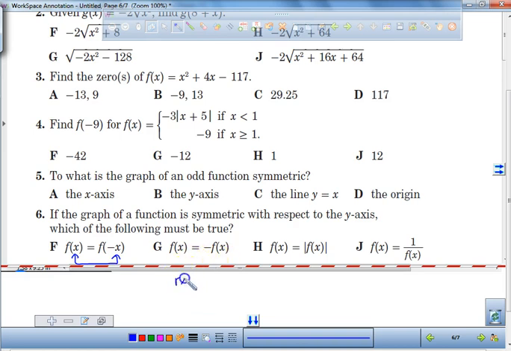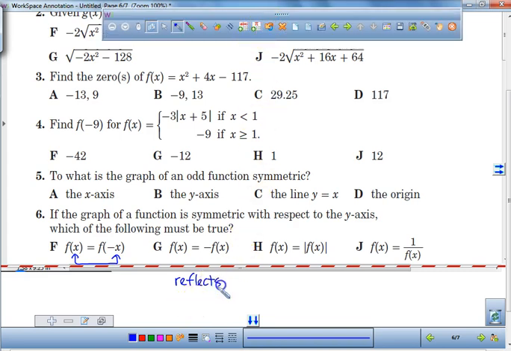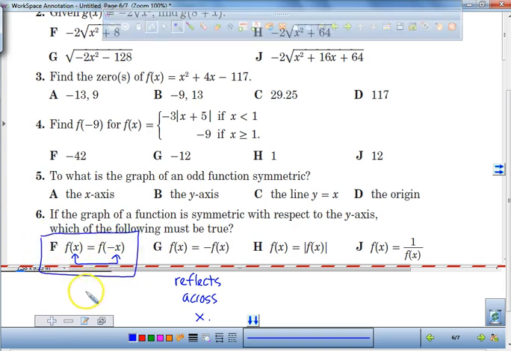That actually reflects not across the y, that reflects across the x. So for G, what I would probably do if I were you, I would say, okay, f reflects across the y, and G reflects across x.